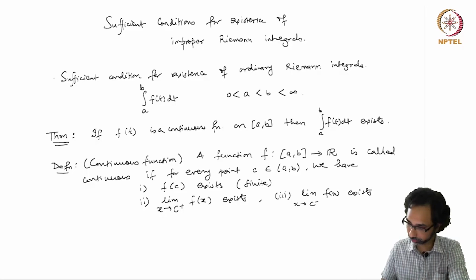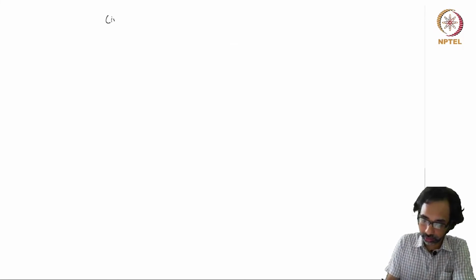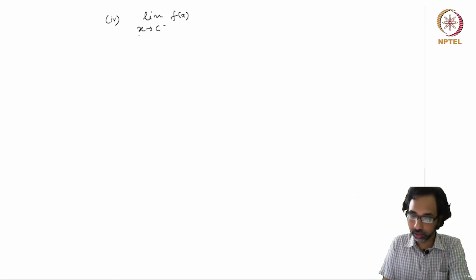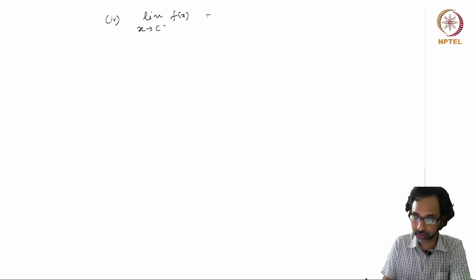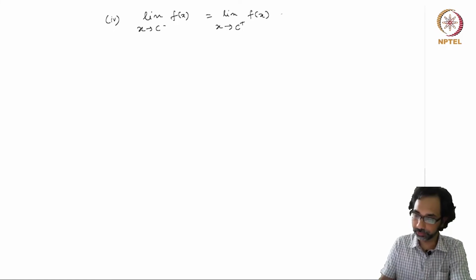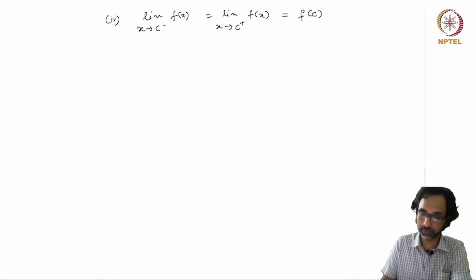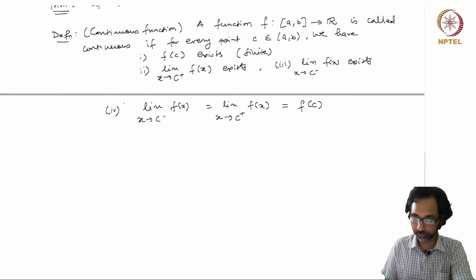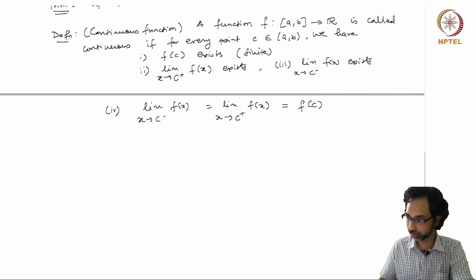And lastly, the fourth condition is that these two limits are the same: the limit as x tends to c from the left side, c minus, is the same as the limit as x tends to c plus, from the right side, and this is equal to f(c). So we see that these four conditions give you a continuous function.